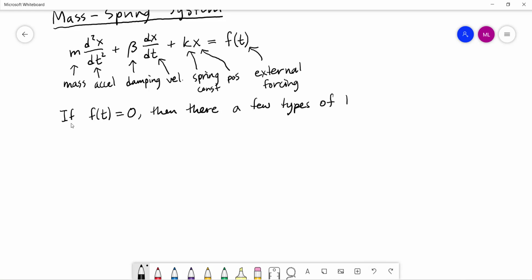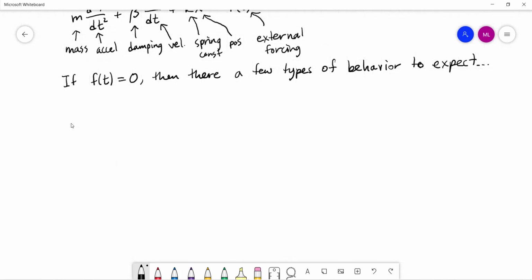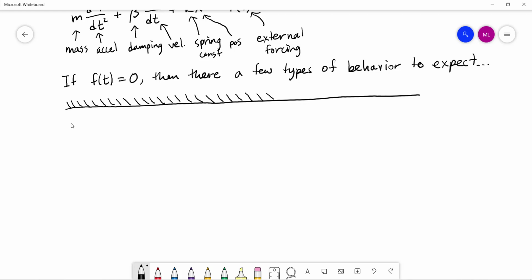So a few types of behavior to expect. Okay, so let's draw our picture again here, where we've got, let's imagine, our fixed ceiling. Drawing these lines to make it look vaguely like something solid, substantial.